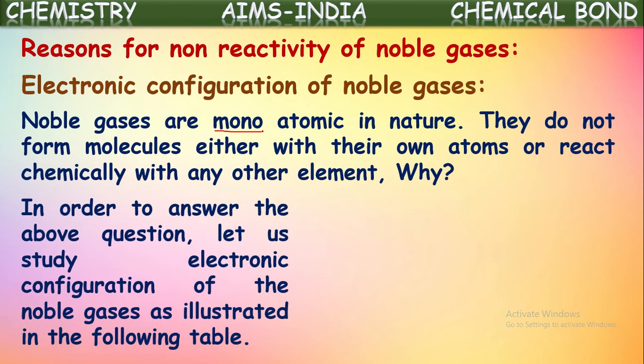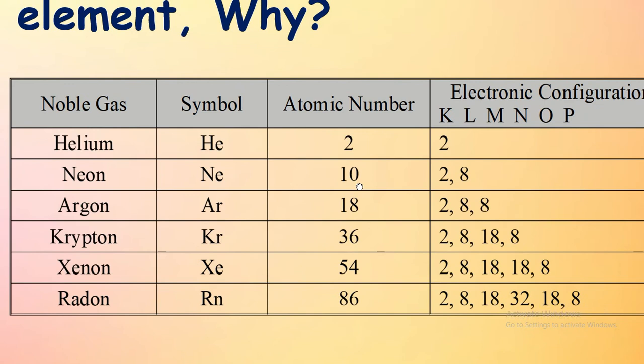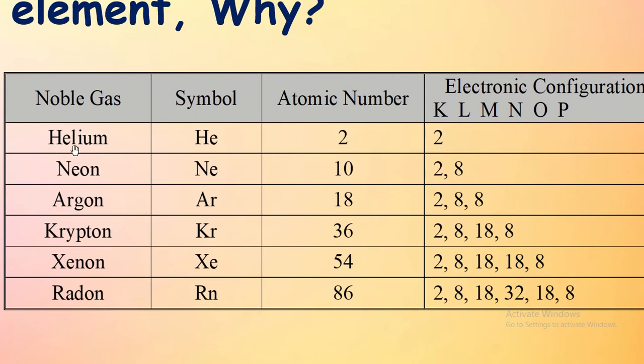In order to answer the above question, let us study the electronic configuration of the noble gases as illustrated here in the table. Helium's electronic configuration is 2 because its atomic number is 2.